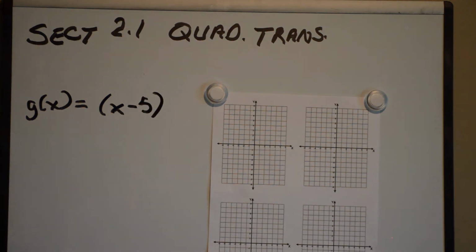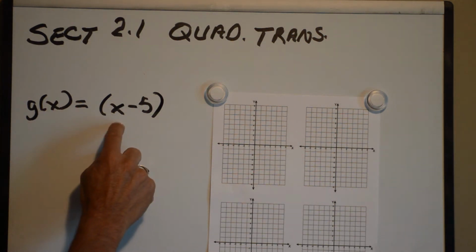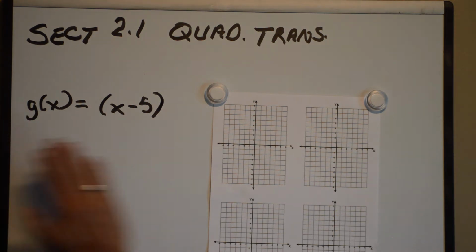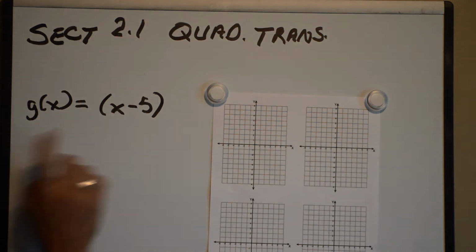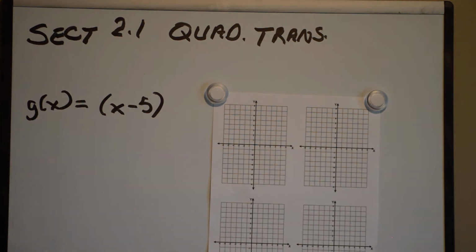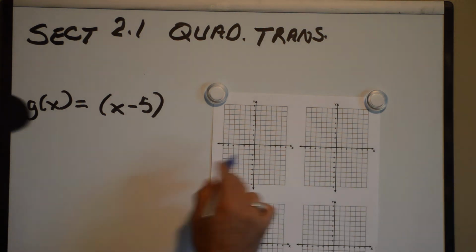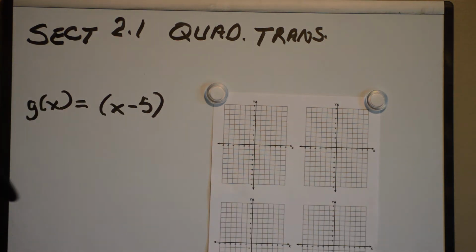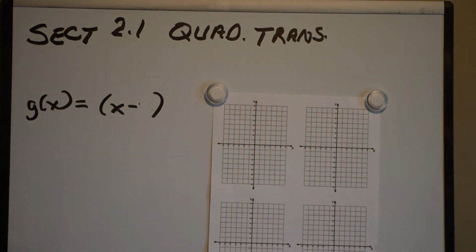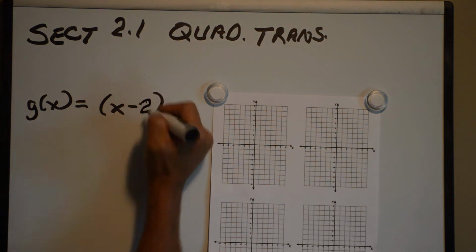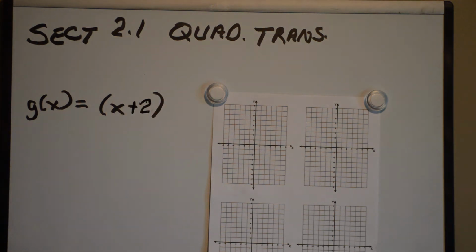We should remember that whenever there's a number inside the parentheses with the x, since x goes horizontally, it's going to move the graph left or right, opposite the sign. I don't have room over here in my graph, so I'm going to change this to x plus 2.